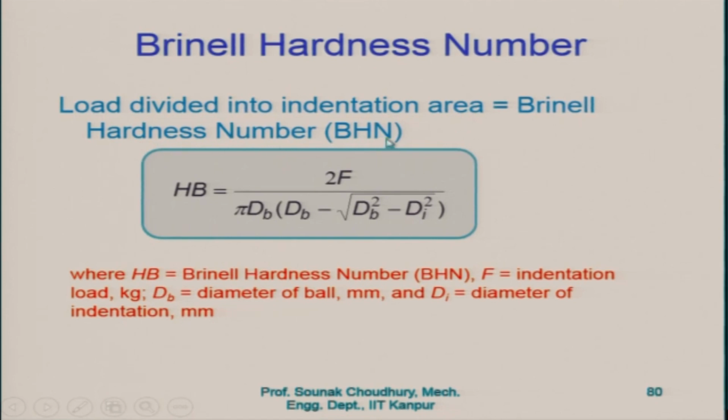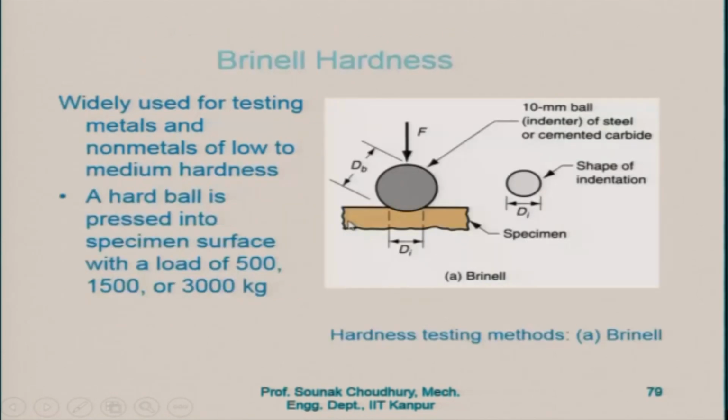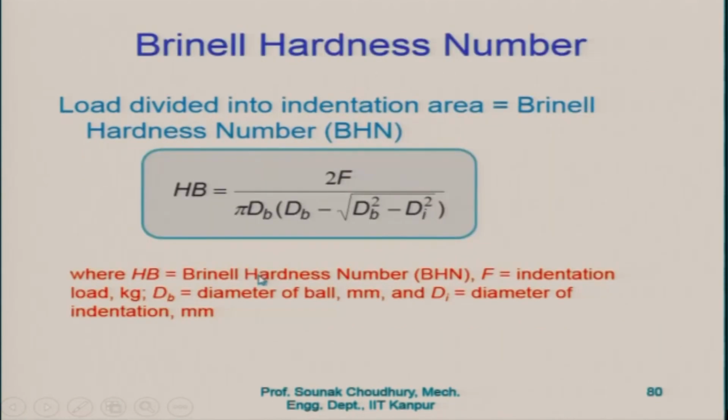This is the Brinell hardness number, and it is defined as 2F over pi dB, where dB is the diameter of the ball and di is the diameter of the indentation, as we have shown.